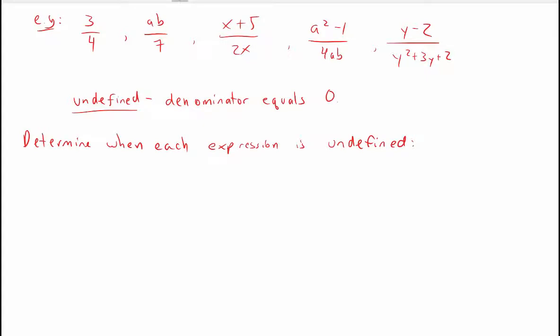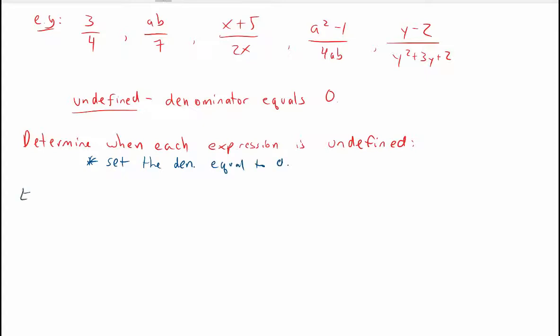Okay, so anytime we see the directions here of determine when each expression is undefined, we know right away that we just need to figure out when that denominator equals 0. So we can even make a note here. If we see these directions, this means set the denominator equal to 0.